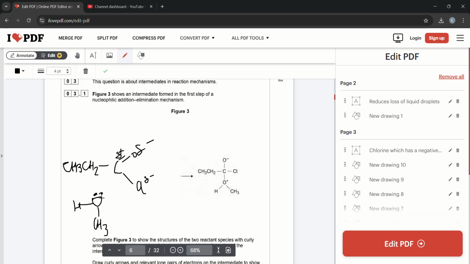And then what's going to happen is going to go from the electrons to the carbon, then from the middle of the C double bond O to the oxygen, and then you're not going to form this, but I should probably mention that you're going to form CH3, CH2, C, oxygen with the lone pairs of electrons negative, the Cl bond, and now the oxygen which is positive, and you got your H, CH3.